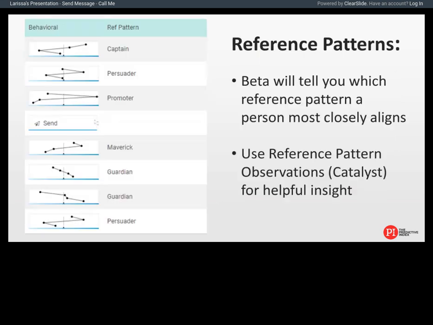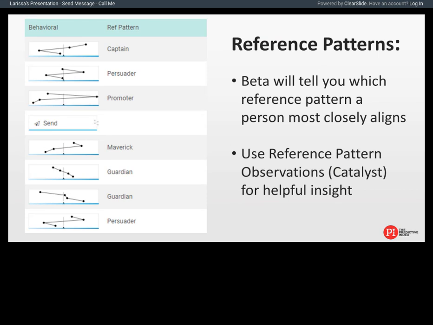A couple quick things I want to point out. Reference patterns, as I mentioned, the names are changing. If any of you haven't gone into the beta yet, pop into the beta and just start to look around. They're adding more and more things all the time. It's really a look and feel beta right now so that you guys can get used to what might be out there.